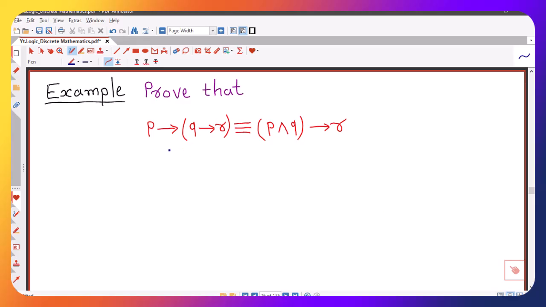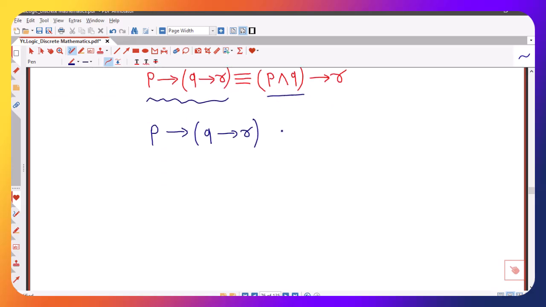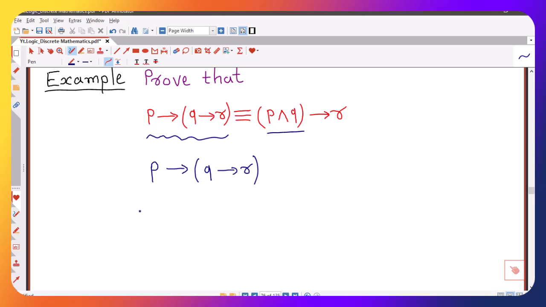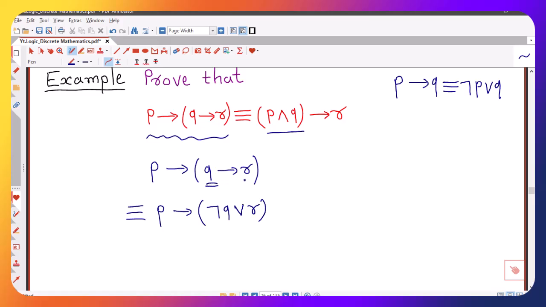So first we prove this, that P implies (Q implies R) is logically equivalent to (P and Q) implies R. So first we start with this P implies (Q implies R), and now we use this logical equivalence that P implies Q is equivalent to negation P or Q. So first I am applying for this Q implies R, that I can rewrite as negation Q or R, negation of first variable or second variable.